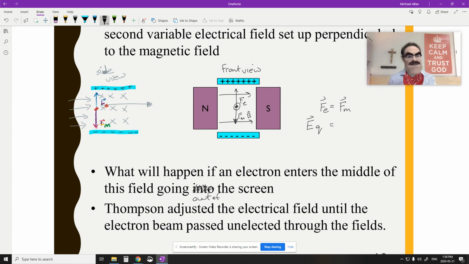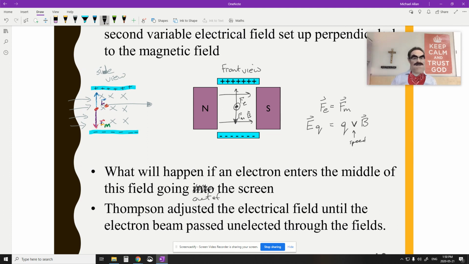But on the other side here, the magnetic force is dependent on the charge, which is always the same. It's dependent on the magnetic field, which is the same as well. It's a nice constant thing that he created. But it also depends on the speed of the electron, or sorry, the charged particle. So the faster they were going, the more magnetic force, the more force downwards.